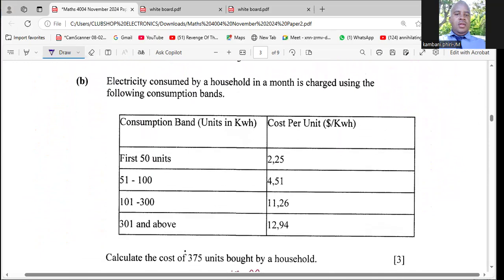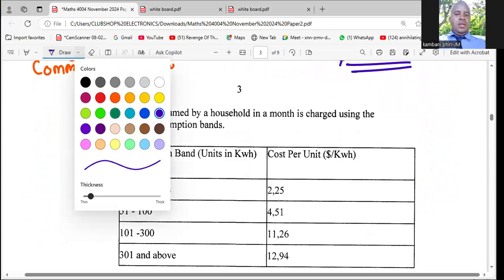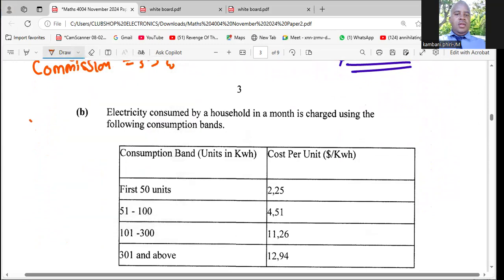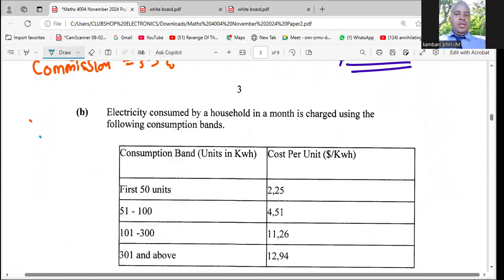Let's look at part B. We are saying electricity consumed by a household in a month is charged using the following consumption bands. All right. First 50 units, you pay at $2.25 per kilowatt.